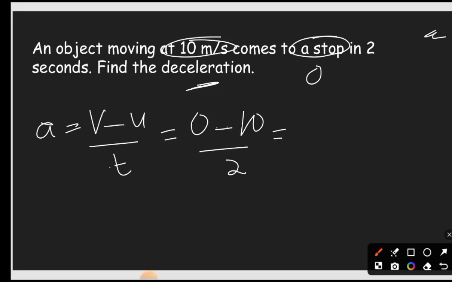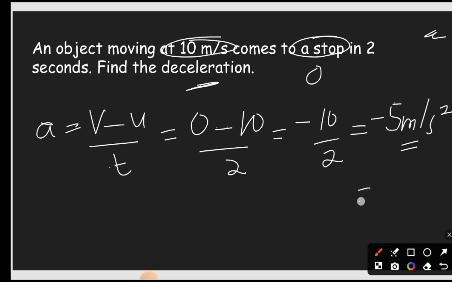So 0 minus 10 is negative 10 over 2, which gives us negative 5 meter per second squared. Now, assuming the question said find acceleration, the answer would have been negative 5 meters per second squared. But since it says deceleration, to tell you that it's actually going to stop, final answer is 5 meters per second squared.